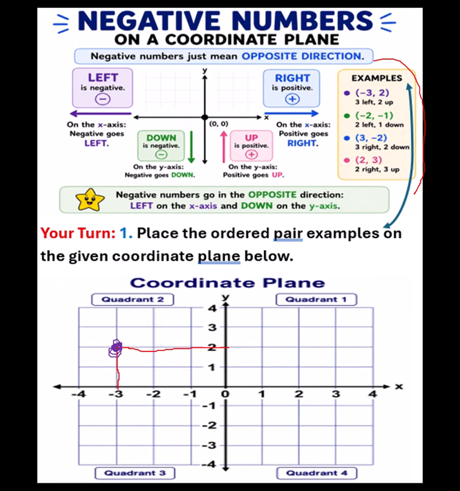So 1, 2. I'm at -2 right here. And then on the y-axis, I'm going to go down because I'm going down 1.